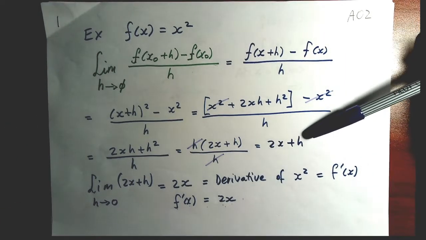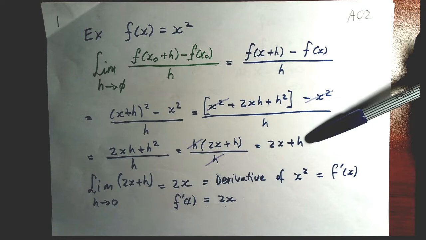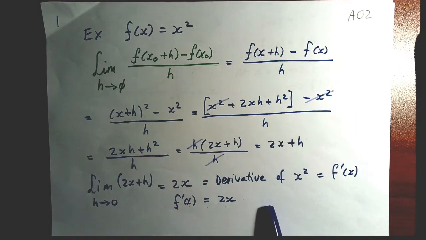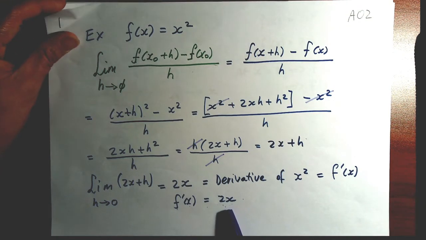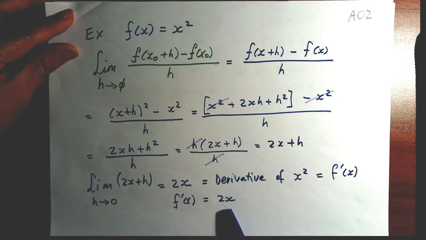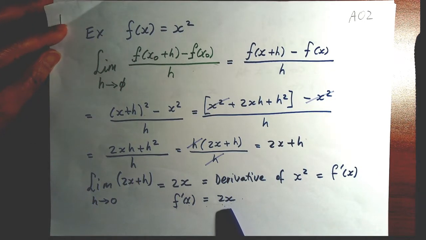This expression 2x plus h approaches 2x. So we found that the derivative of the function f(x) is 2x, so f prime x equals 2x. This is a very simple example to illustrate the derivative.